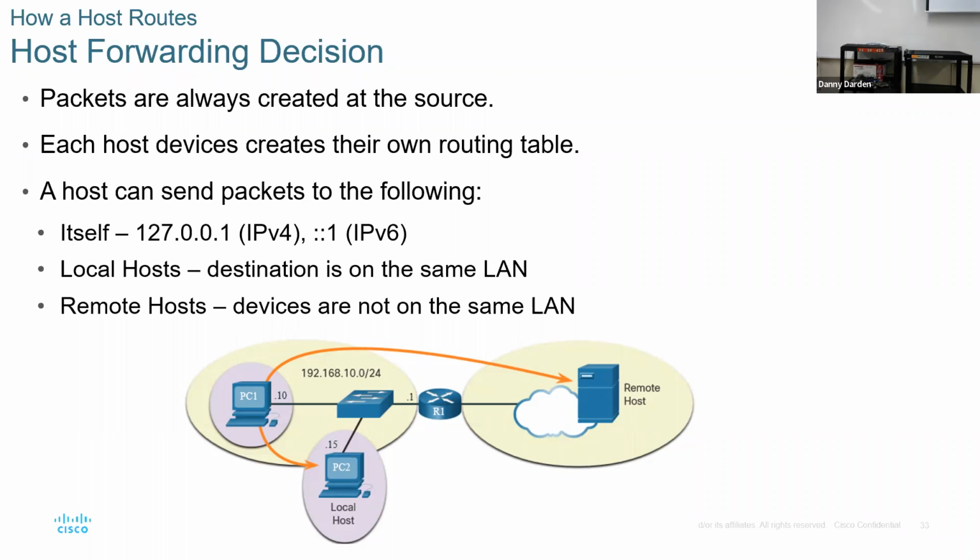So what we have in this particular picture is two networks. One is a remote network, and one is a local one. Because there's a cloud in this picture, we don't really know where this server is located.